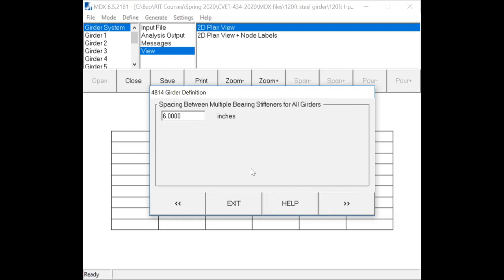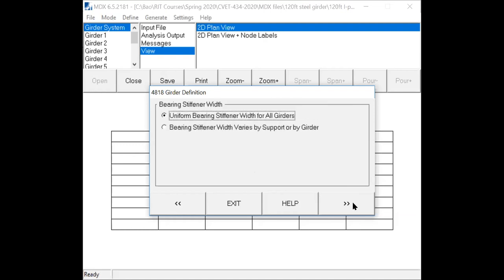We don't change that. And 2 stiffeners at the bearing, spaced at 6 inches. And usually we use this location to transport the steel girder and do the erection during construction. And the uniform bearing stiffener width for all girders, we use 7.5, okay?